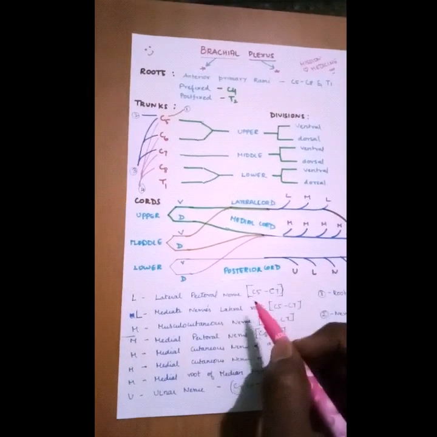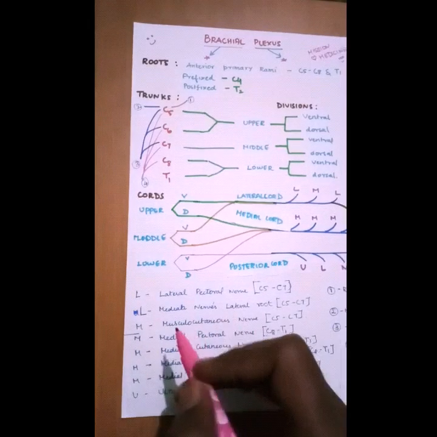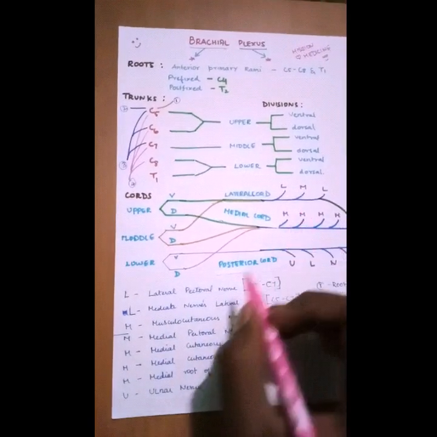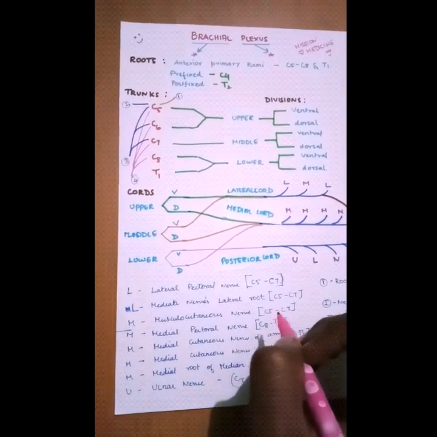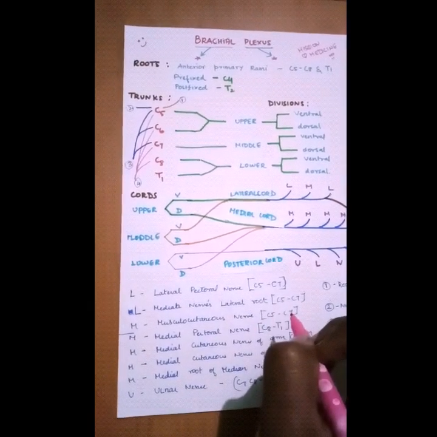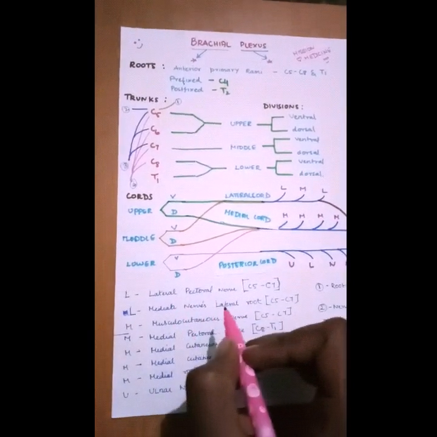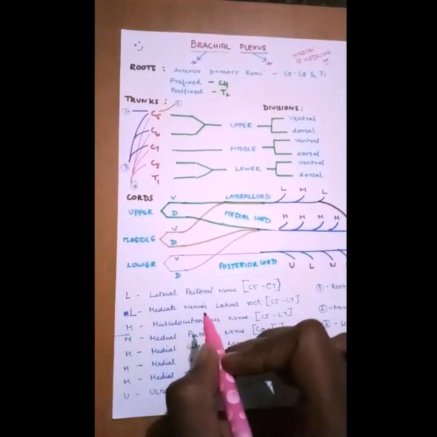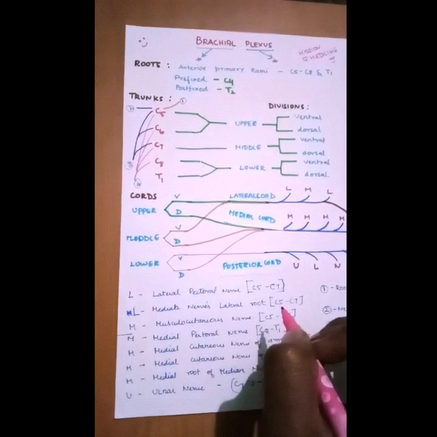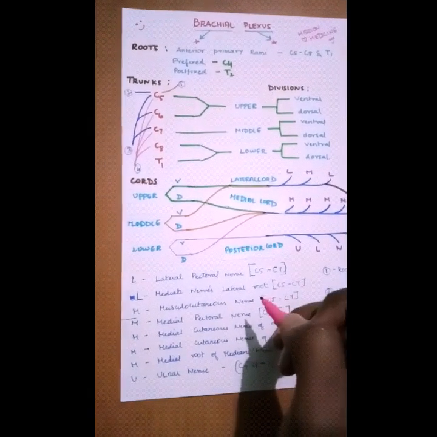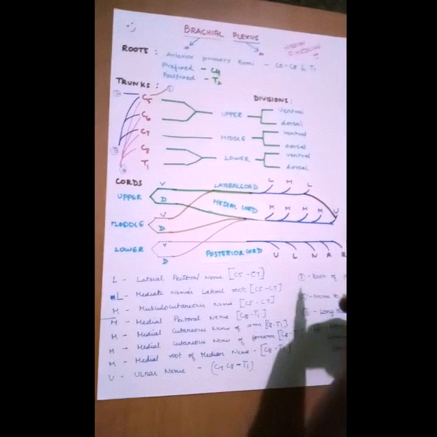So we have C5 and C7 for the lateral pectoral nerve, and M for musculocutaneous nerve, which is C5 to C7, and the other L stands for the lateral root of median nerve, which again has the root value C5 to C7.